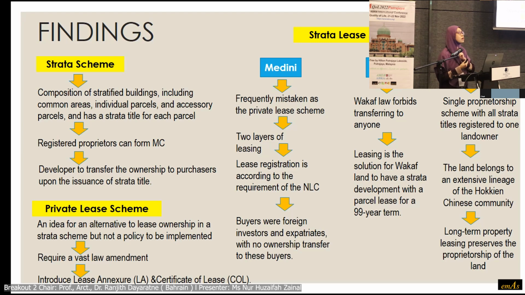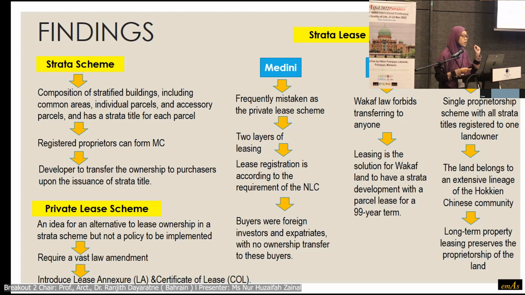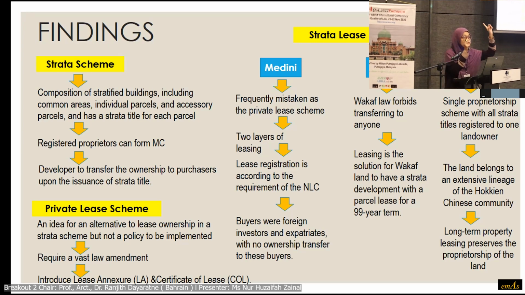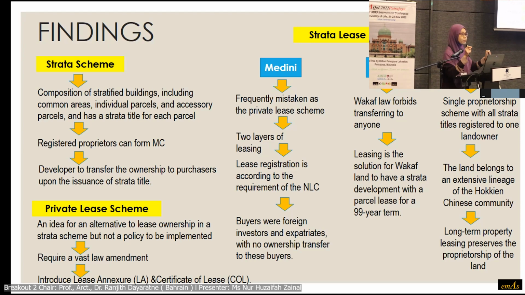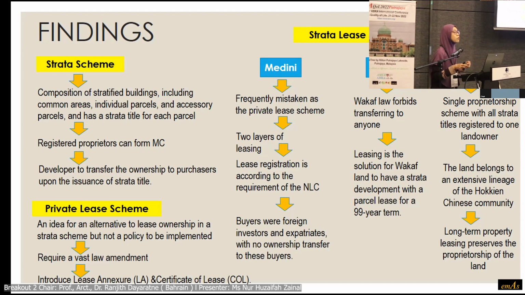But it requires a huge law amendment, with many amendments to the National Land Code, Strata Title Act, and Strata Management Act, because it has to introduce a lease annexure and a certificate of lease. But the good thing about the private lease scheme is the certificate of lease, which is a documentation showing a right of ownership to the buyers of the private lease scheme.